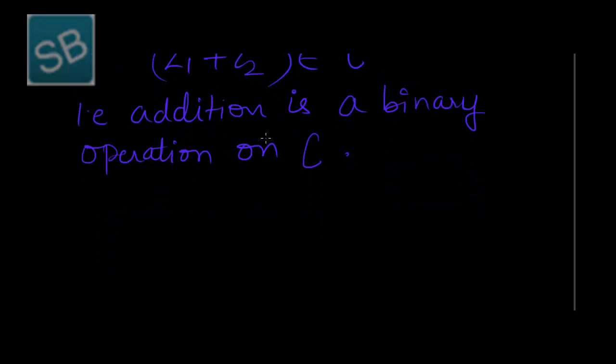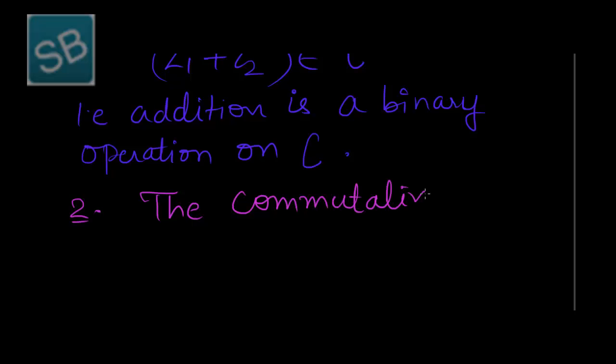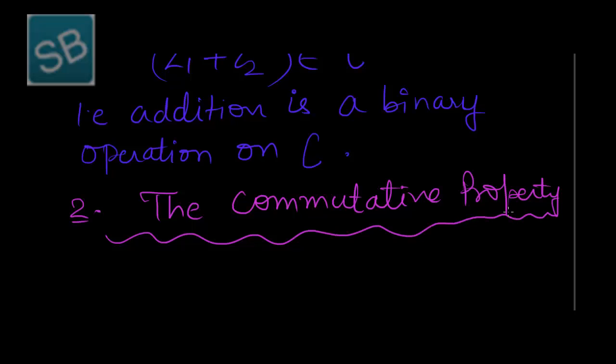So the second property is the commutative property, or commutative law. What does this property mean? It means if we add two numbers in an order, first and second, and then again take the addition in reverse order, and the result remains the same and belongs to the same number system, then that is called the commutative property.